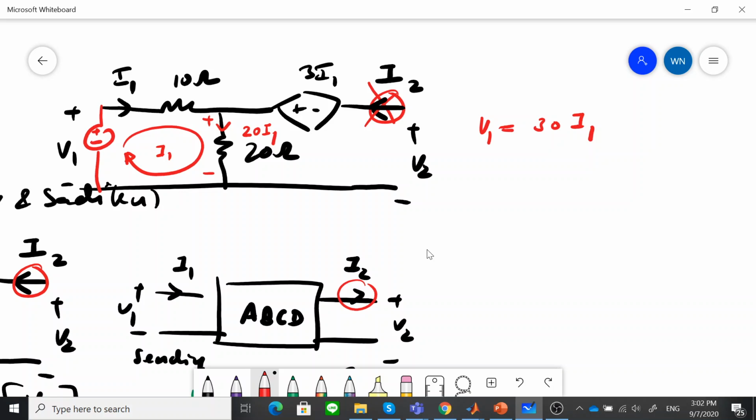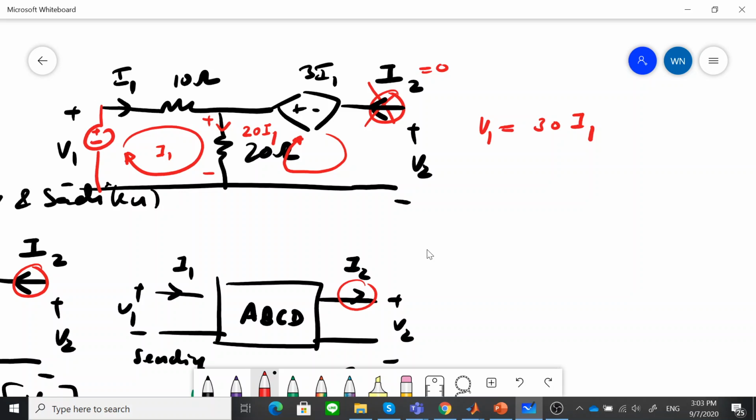So what is V2, by the way? You put the KVL around this. When there is an open circuit, it doesn't mean that the voltage drop is 0. When you open this terminal, the current is 0, but the voltage is non-zero.